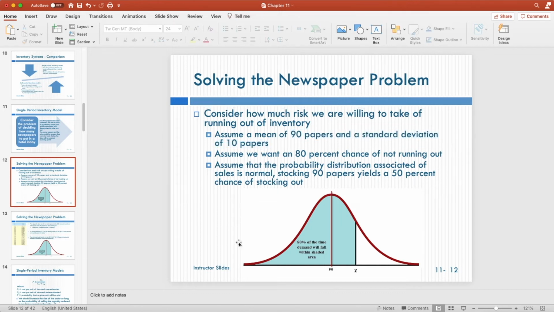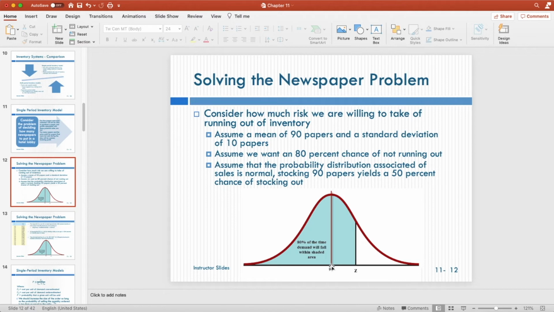That's why in this specific normal distribution, as I show here, the middle point is how much? It's 90, right? It means 90 papers at the middle. If you look at this vertical straight line, this height is the longest, right?